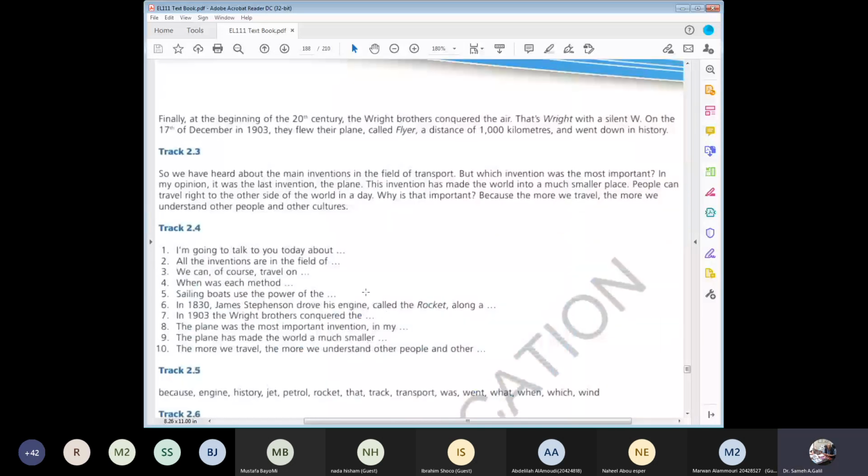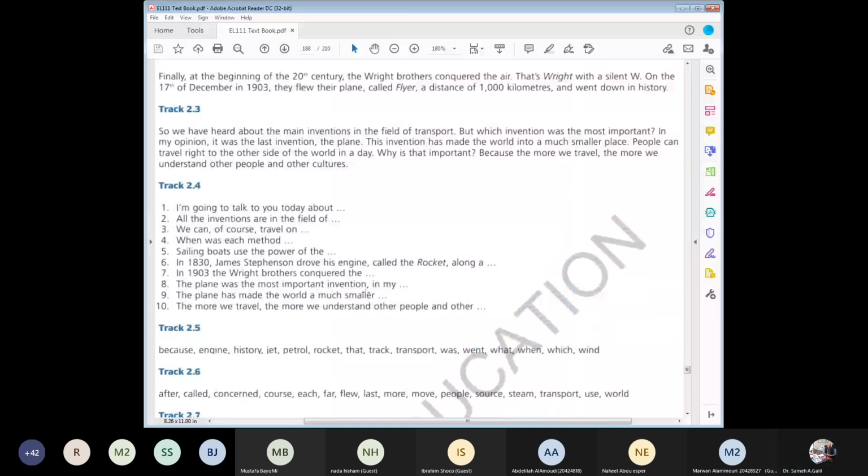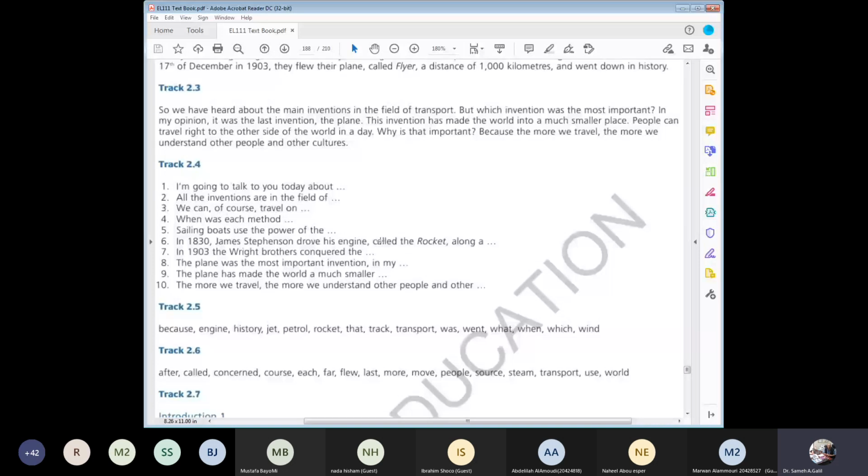Okay, let's move to 2.3, everyone, very quickly. And this is obviously going to be our last or final note today. So 2.3, read it very quickly.